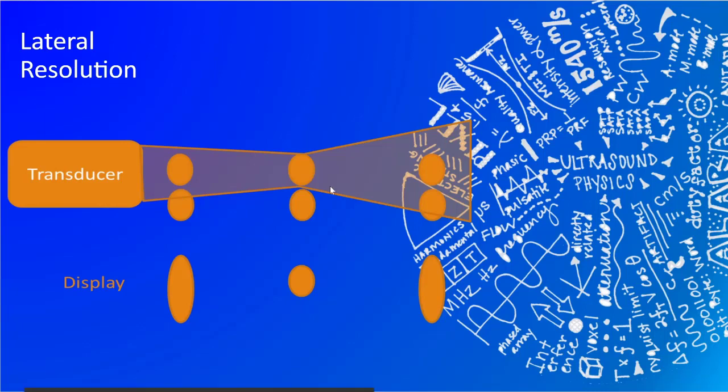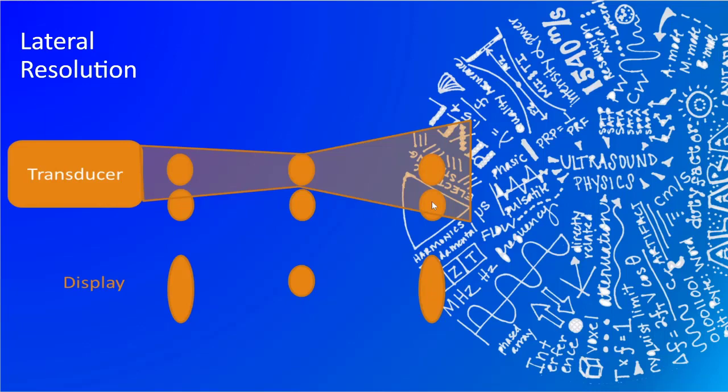In this example here, the beam is not striking both structures, so it recognizes that there is indeed only one structure. Again, as we get deeper into our field, the beam diverges, interacts with 2 structures, it can't tell that they're different, and so it creates a display as one.